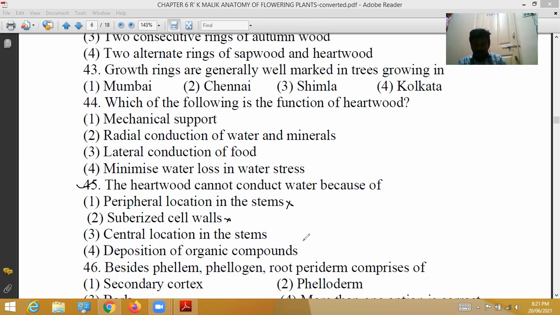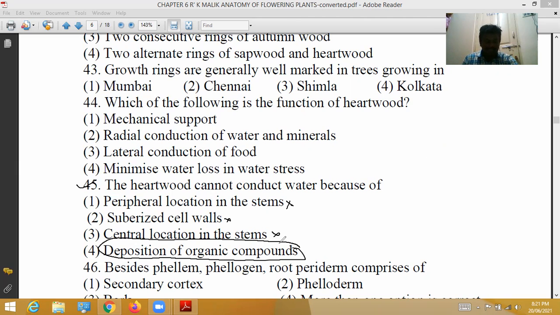Next, deposition of organic compounds. Yes, it is located in the centralmost part of the stem, and even so, it does not conduct water because of the deposition of organic compounds. What kind of organic compounds are deposited?